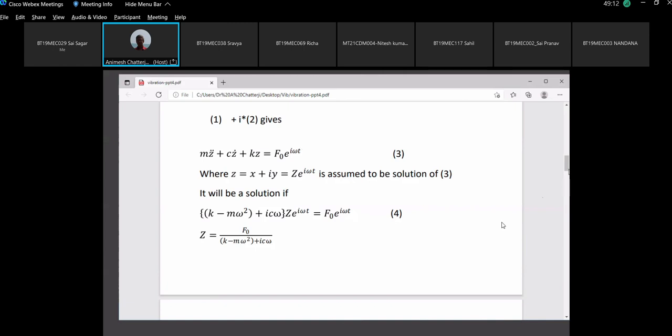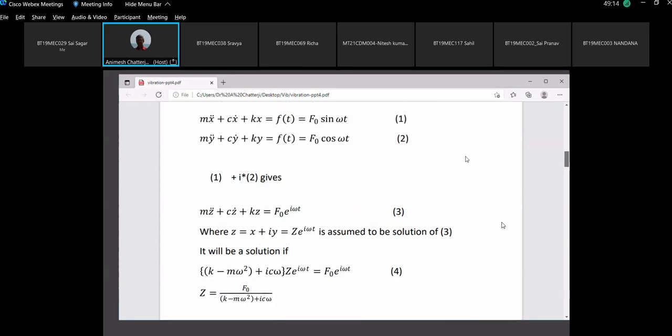So in our differential equation, whatever was the excitation, that was imaginary part of right hand side. Now let me compare this equation with this equation. This excitation was imaginary part of this right hand side. Then this response will be imaginary part of Z.